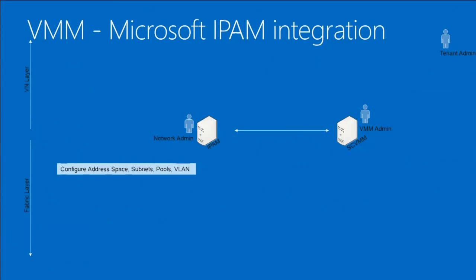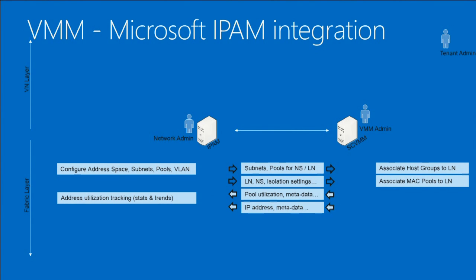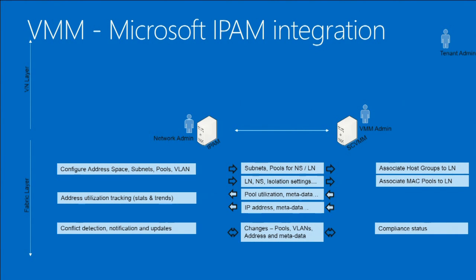One other thing that we're doing that's a little different, though, is that we're now also shipping more inbox plugins. So we have an inbox plugin for Microsoft IPAM as a network manager. So if you're using the Microsoft IPAM feature in Windows Server, you can now push that information directly into VMM and interact with it directly. So essentially, the network admin sitting at the IPAM console can create the address spaces and subnets that they want.